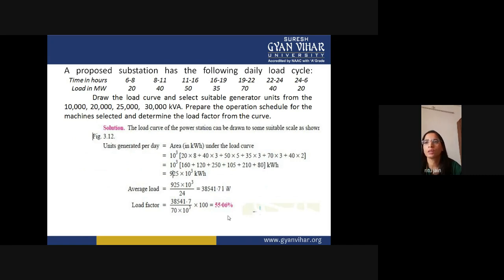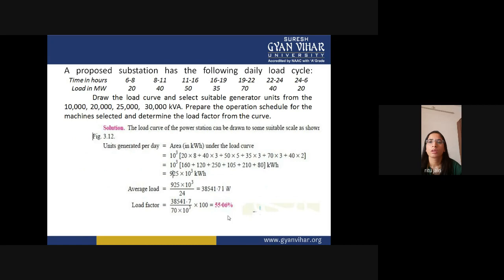From 11 to 16, you need 50 megawatt. From 16 to 19 hours, 35 megawatt. From 19 to 22 hours, 70 megawatt. From 22 to 24, 40 megawatt. And from 24, midnight, to 6 a.m., you again require 20 megawatt load.